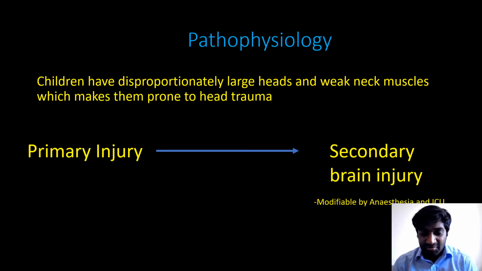What can be modifiable by anaesthesia is the secondary brain injury, and we'll look at the determinants of that and how we can manipulate them. The key thing is to avoid hypotension and hypoxia, and that will be a running theme throughout the presentation.